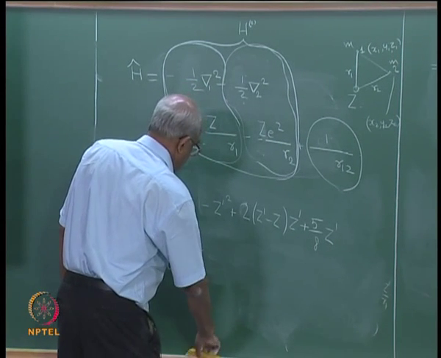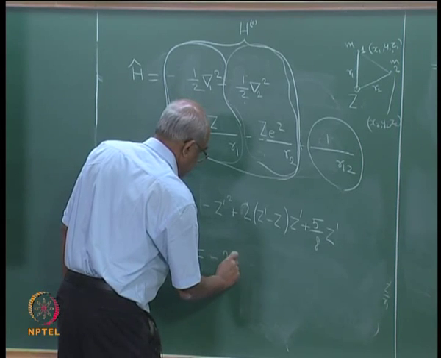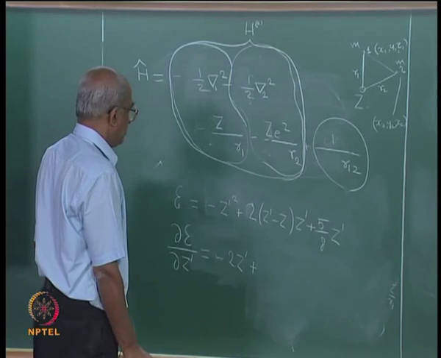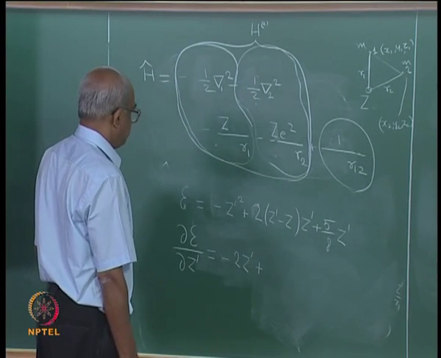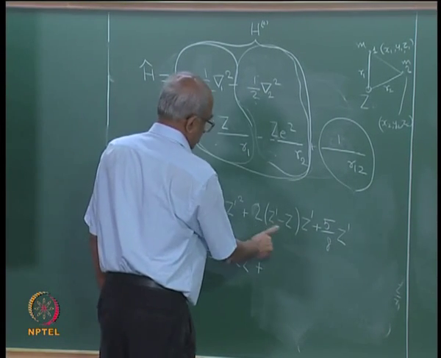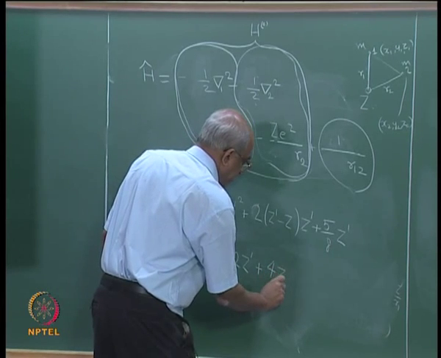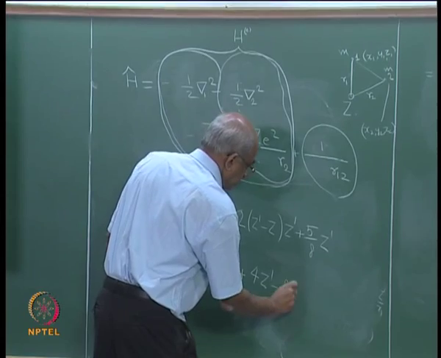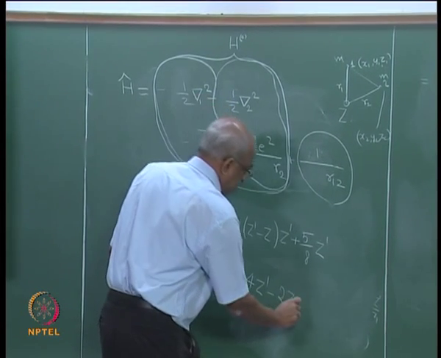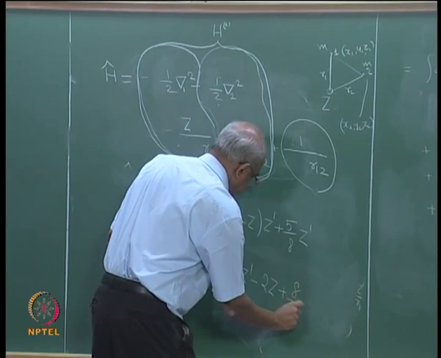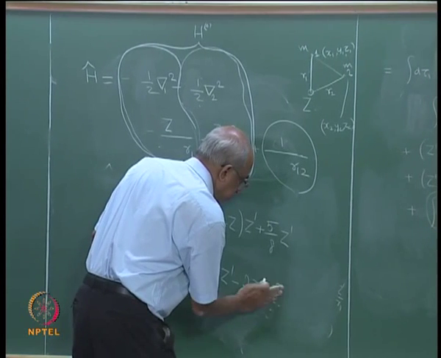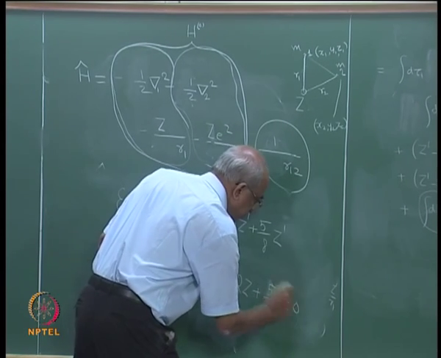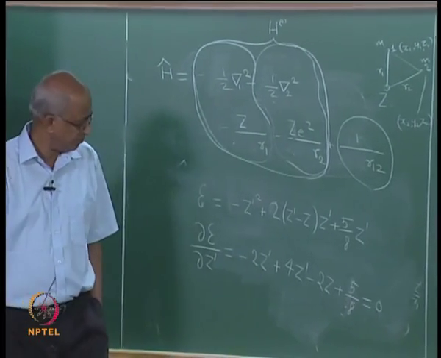Dou e by dou z prime will be minus 2 z prime plus 4 z prime, right? That will come from here, minus 2 z plus 5 by 8, is equal to 0. This is the answer that you will get.